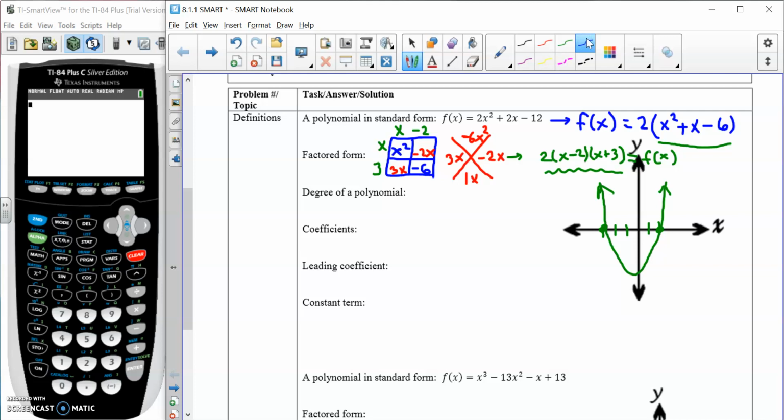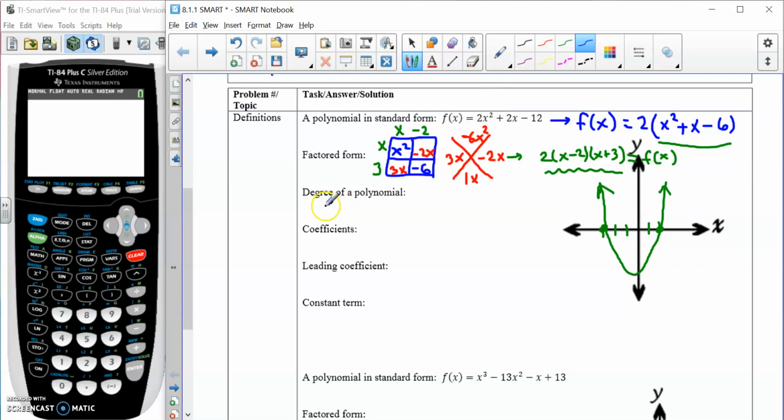So when I ask you for the degree of a polynomial, that's going to be talking about the largest exponent on an x term in your polynomial. So when you look over here, you're like, I have an x and I have an x squared. Which one of those has the biggest exponent? Well, it's going to be this guy, and that exponent is the degree.